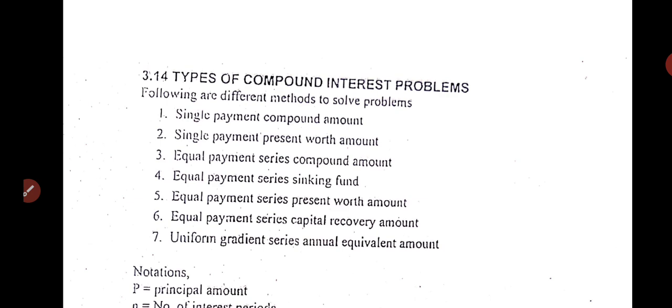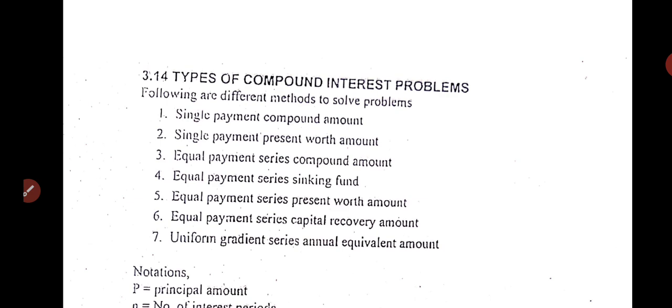So in a sinking fund, every year I am paying, so that at the end I know the future amount. This was for equal payment series compound amount and equal payment series sinking fund.